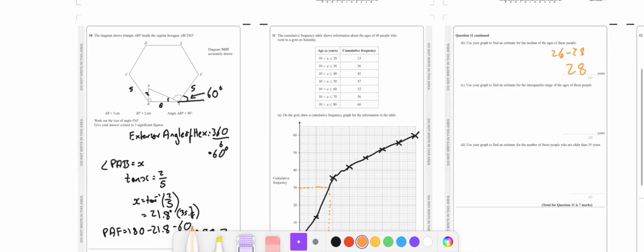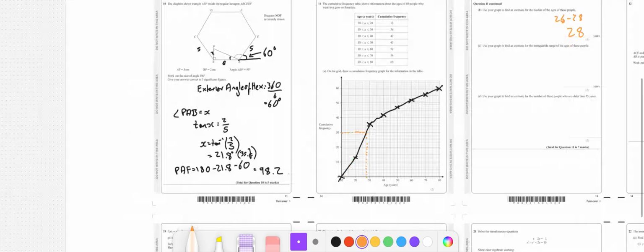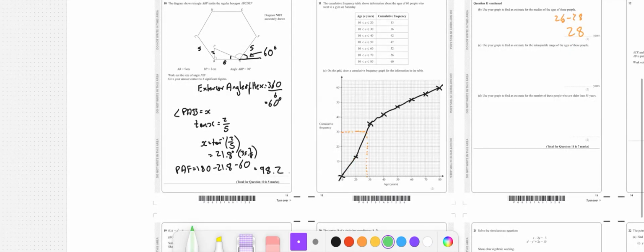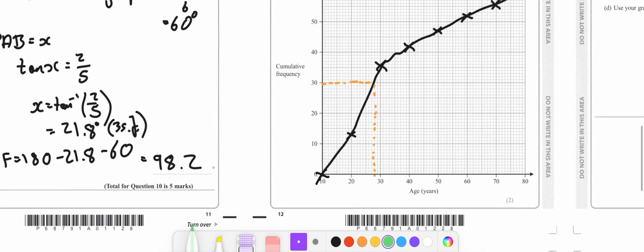Use the graph to find the interquartile range of these people. So the interquartile range is the upper quartile minus the lower quartile. So the lower quartile, that's 21.